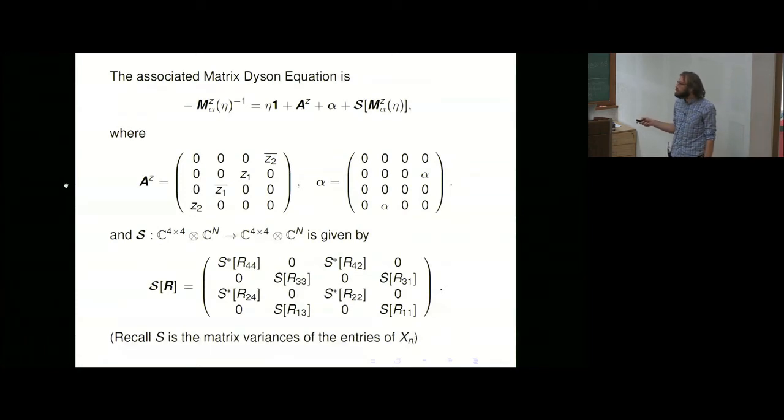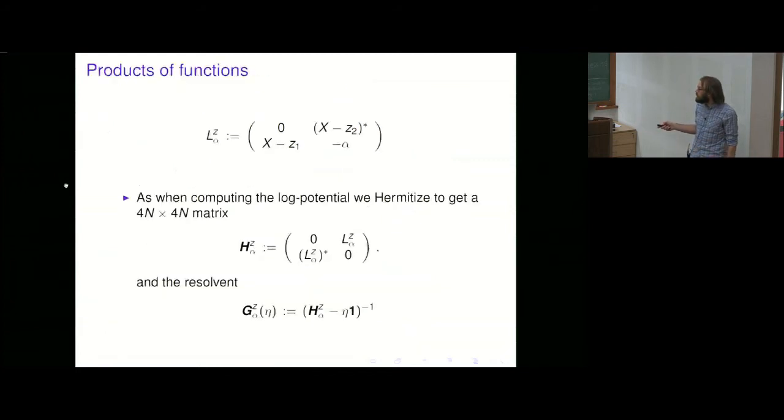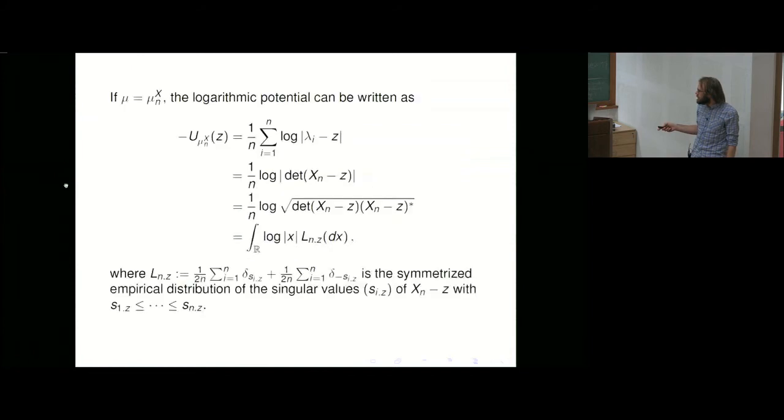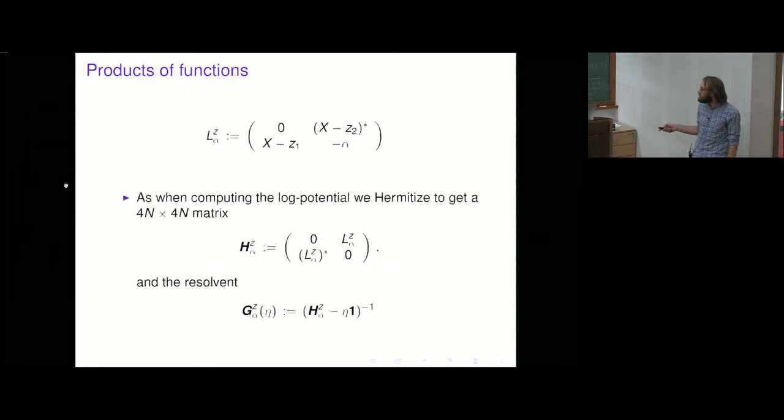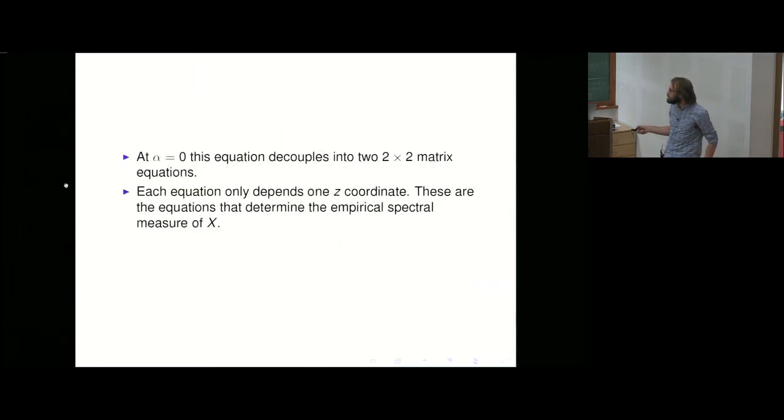And this equation is exactly the matrix Dyson equation that would have corresponded to this resolvent that we listed here that just depended on one z. This was a resolvent you needed to understand in order to understand what the eigenvalues of X looked like. So basically, at alpha equals 0, the problem reduces to the previous problem of figuring out what the eigenvalues look like, which was solved a couple years ago.